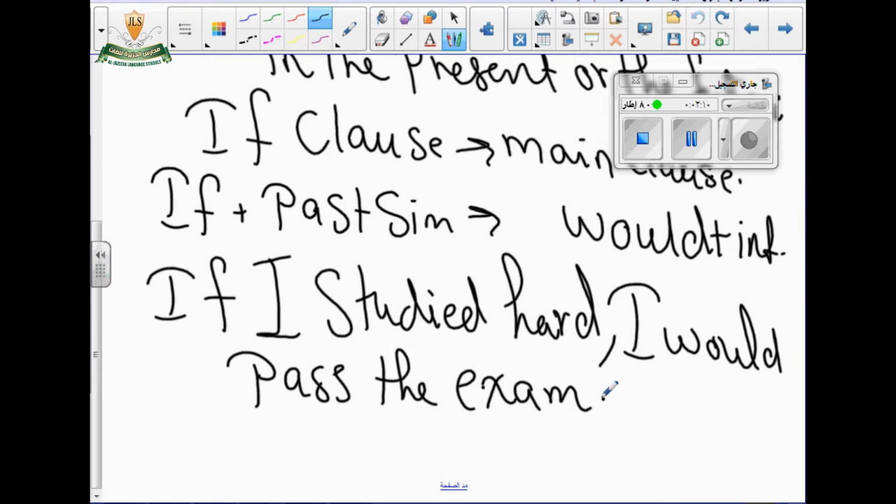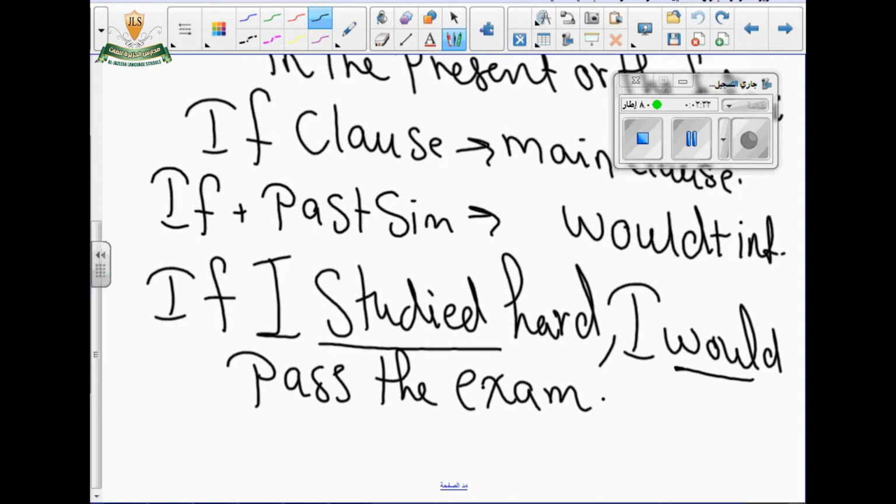So, what did you notice here? The if clause is in the past and in the main clause I have would. If I studied hard, it's an imagination. If I studied hard, I would pass the exam. You would pass the exam.